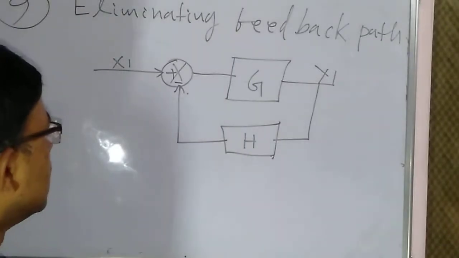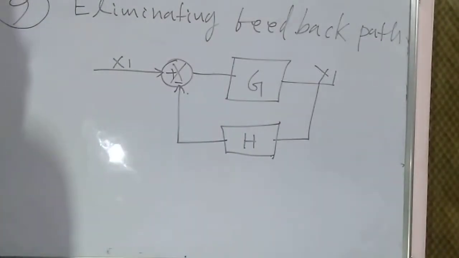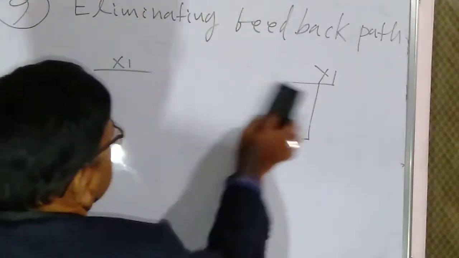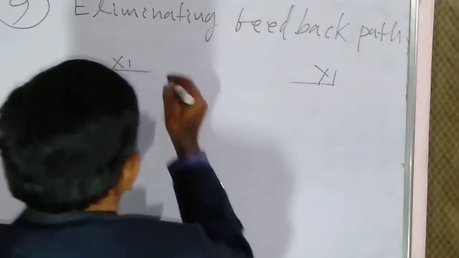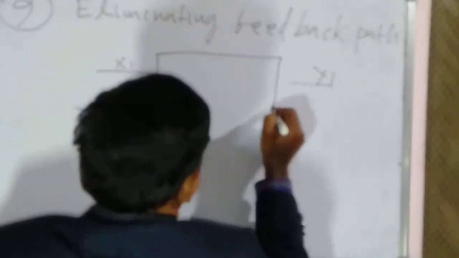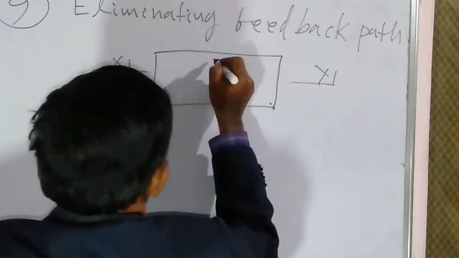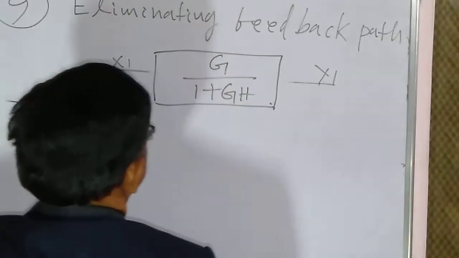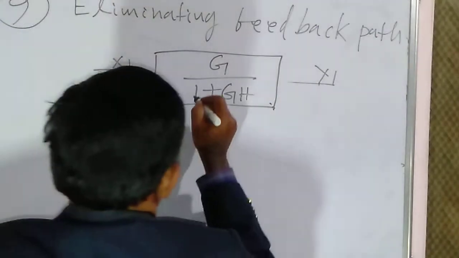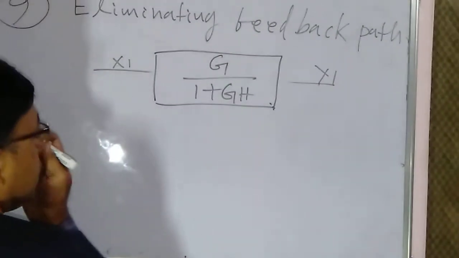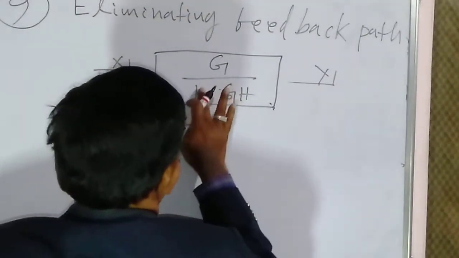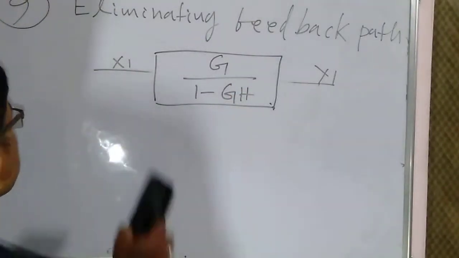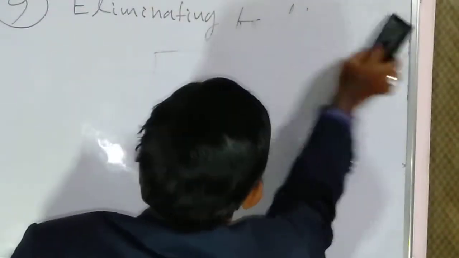If we eliminate this feedback path, then this will be a single block, that is G by 1 plus GH. If it is negative feedback, then it will be G by 1 minus GH. So this rule is also valid.